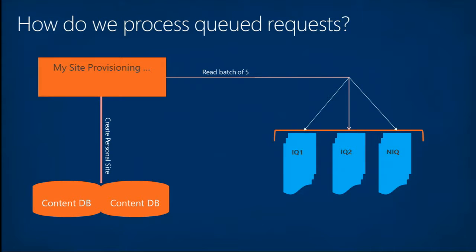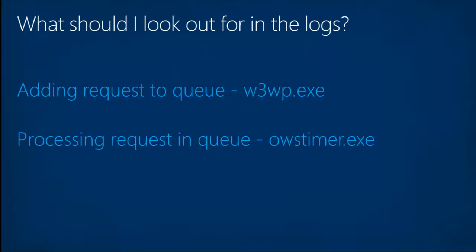In case there are issues with regard to personal site provisioning, I just want to call out that it's basically two pieces, right? We have the request part and the processing part. So in case you end up looking at the logs, when it comes to requests, as a reference you've got to look for the W3WP process, because the WFE is the one pushing the request to the queue.